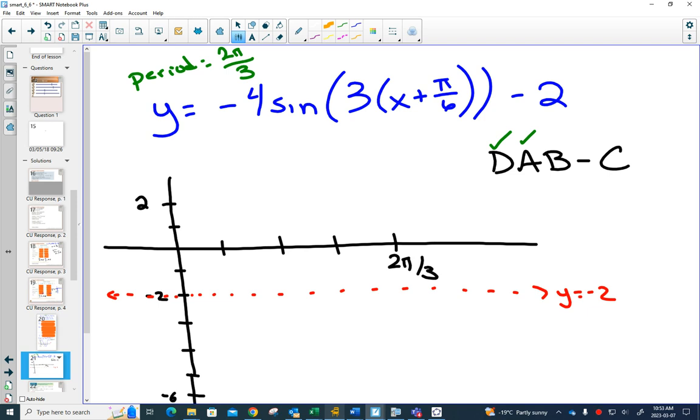Label those 4 sections. So half of 2 pi over 3 would be pi over 3. Half of pi over 3 would be pi over 6. The third one, 1 pi over 6, 2 pi over 6, 3 pi over 6 would be the third one. And we have now successfully done the B value.